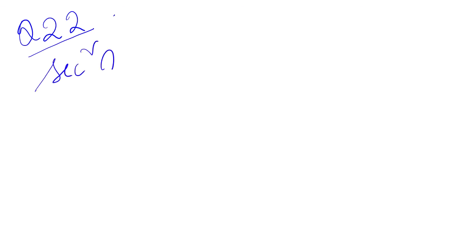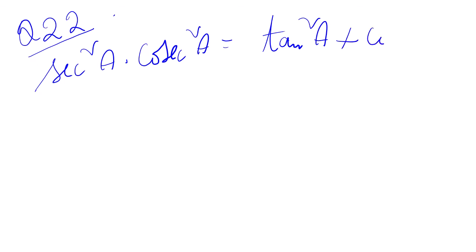Then question 22. Prove that sec square A cosec square A is equal to tan square A plus cot square A plus 2.